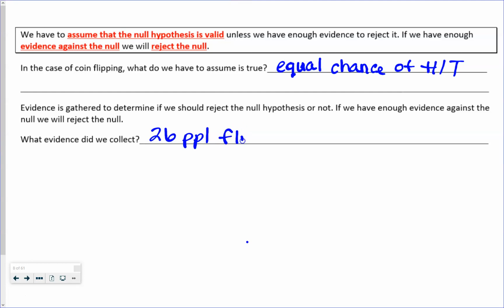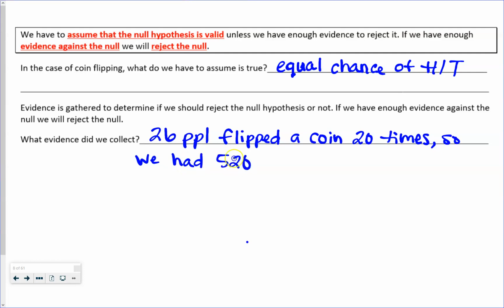So 26 people flipped a coin 20 times. So we had 520 total flips. Okay, that is the evidence that we gathered.